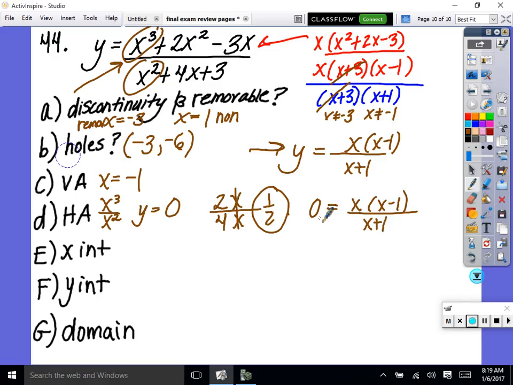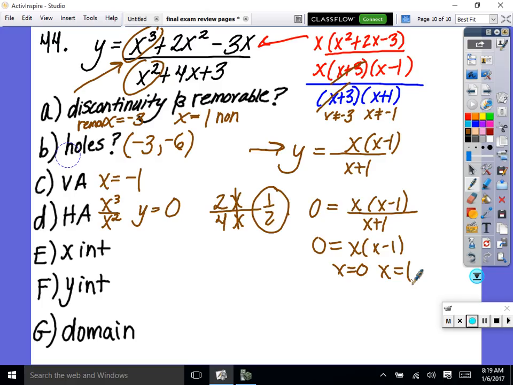Now think about it. If we get a common denominator, we're going to multiply by x plus 1 over x plus 1. 0 times anything is still 0. So we're really just focusing on solving the top. Remember with solving, all you have to do is get a common denominator and then solve using the top. So we're looking at 0 equals x times x minus 1. So we get x equals 0 as a solution and x equals 1.